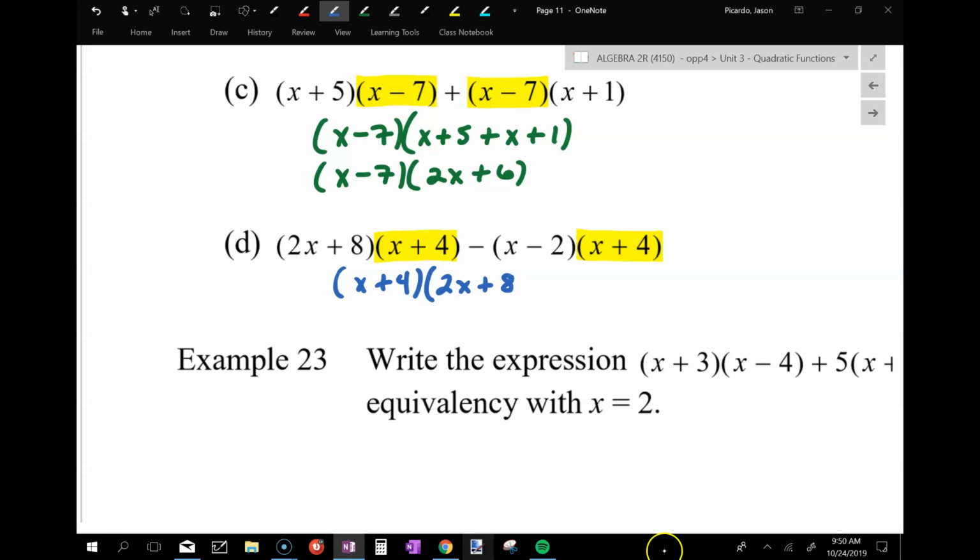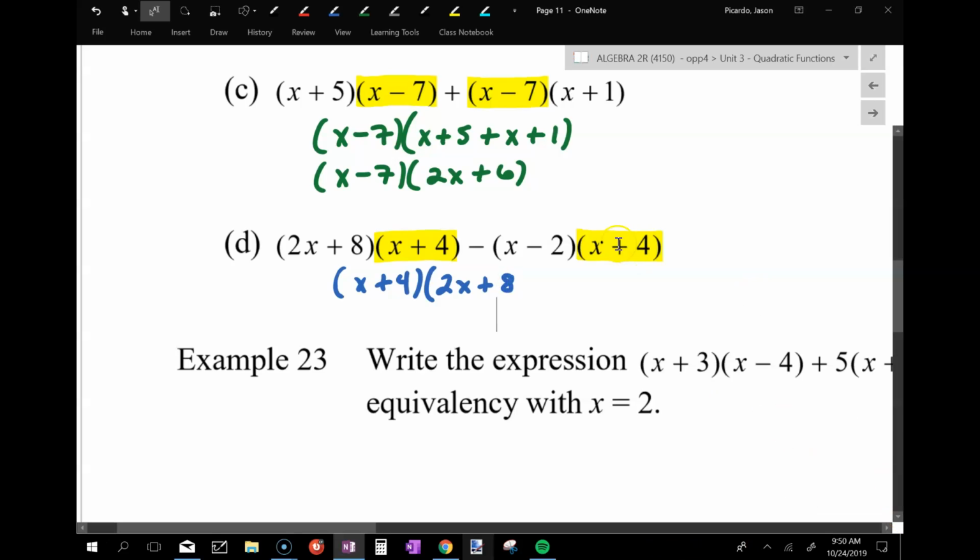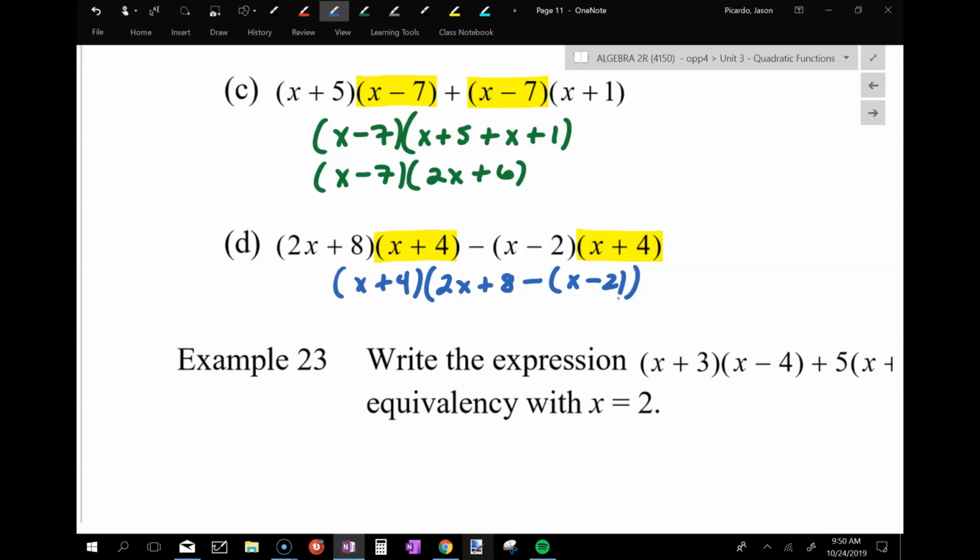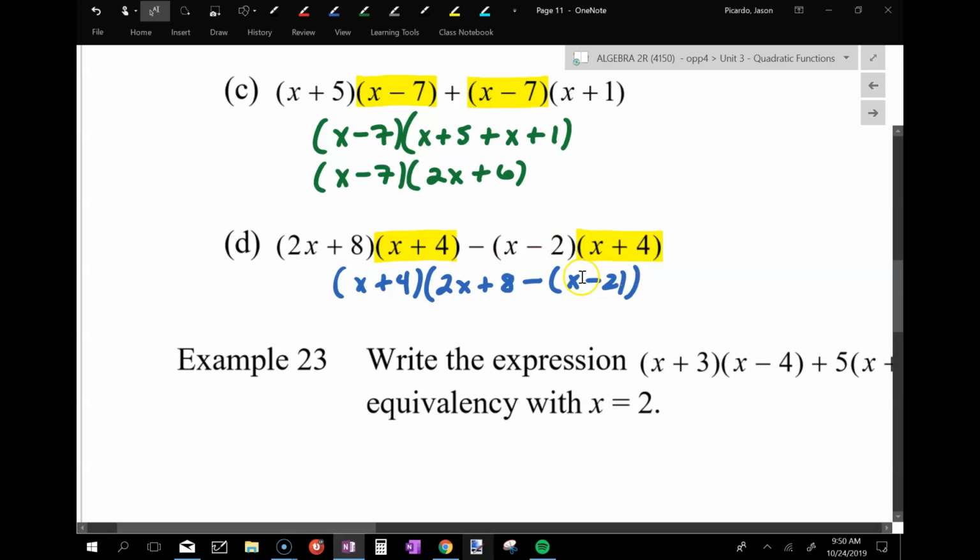This piece is a little confusing. When I take x plus 4 out of this, what's left? Negative x minus 2. So I'm subtracting that whole thing, right? So that means I'm going to distribute that minus sign. Is that cool, Blake? You like that? Good. I'm going to leave it right there.